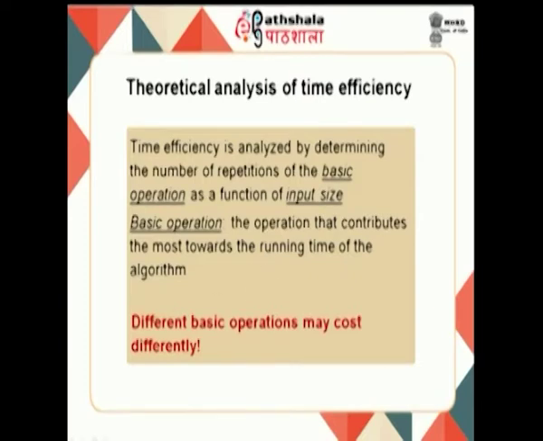Basic operation, as we have already defined, is the operation that contributes the most towards the running time of an algorithm. Different basic operations may cost differently, but for the initial stages we can assume that they all cost a constant. So, time complexity you can define in this way.